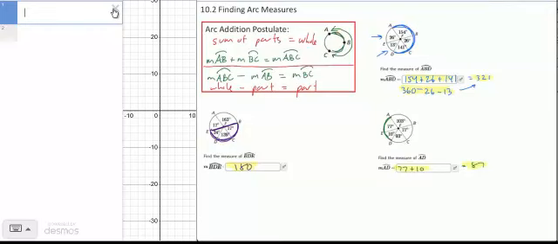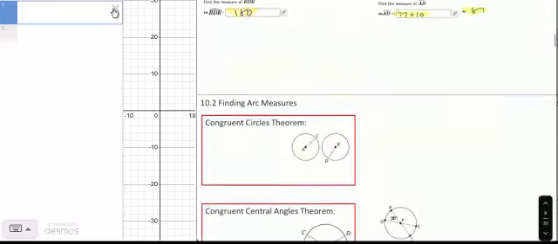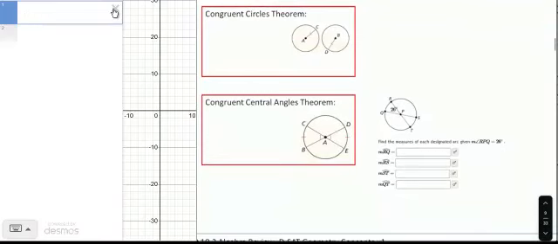All right, the final relationship regarding the arcs and the angles. Okay, first, a couple things.